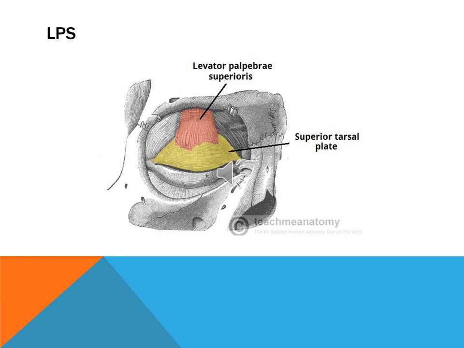This is the picture showing the insertion of the main part of the levator palpebrae superioris into the posterior border of the tarsal plate.